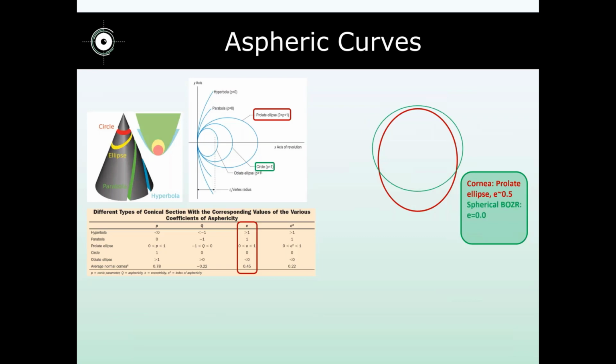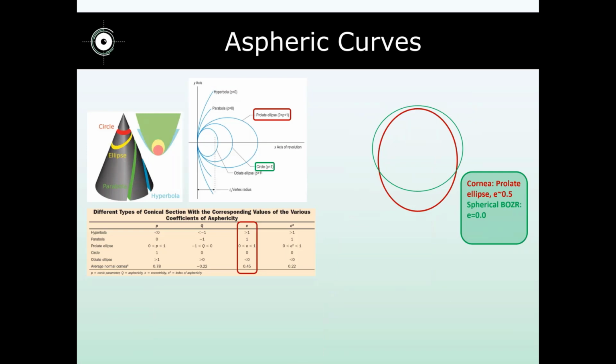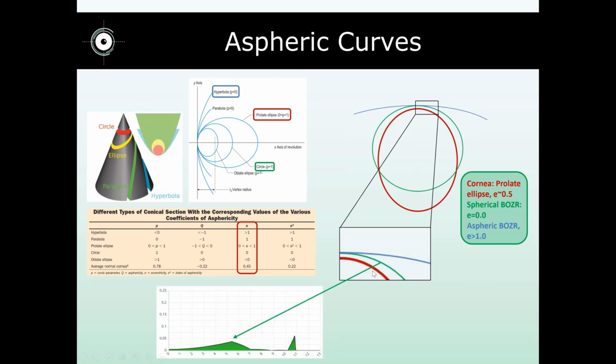This is just a very brief brush up on aspheric curves. The green is a spherical back optic zone. The cornea, the dark red, is a prolate ellipse when you fit, and the blue is an aspheric, with E greater than 1.0. Look at the green: you see the clearance here between the red and the green spherical.